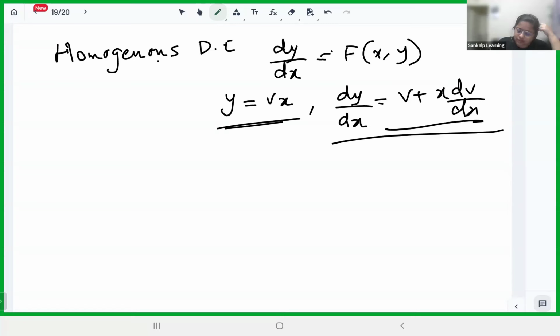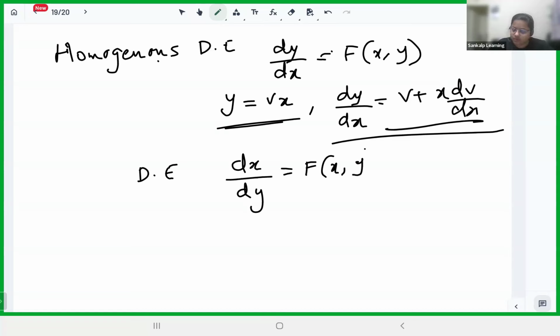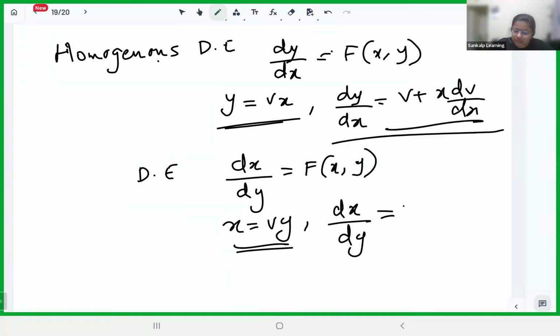If the equation is of the form dx/dy = f(x, y), we make the substitution x = vy. Differentiating with respect to y, applying the product rule, we get dx/dy = v + y dv/dy.